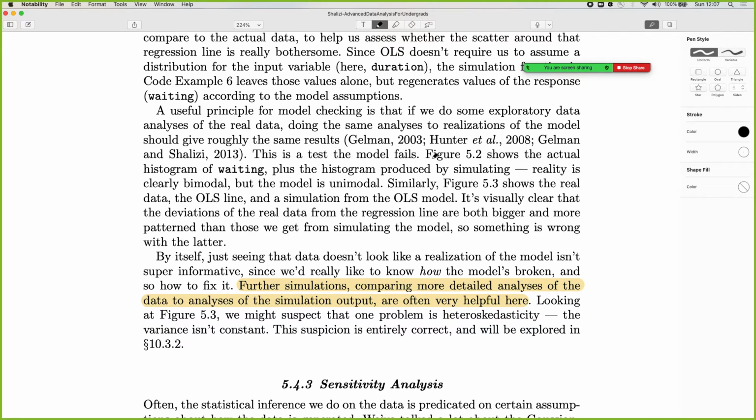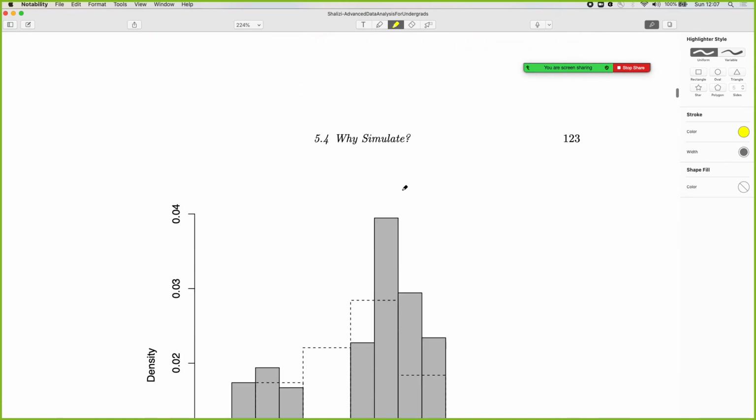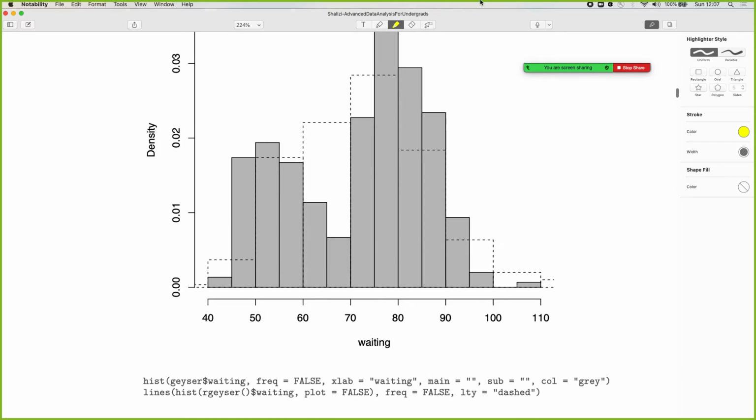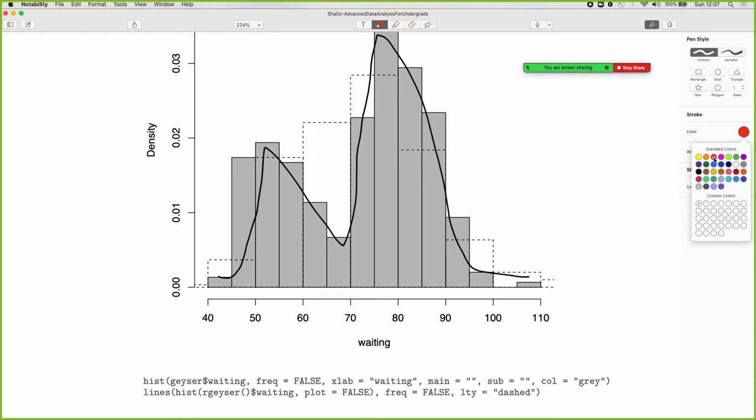This is a test this model fails, because if you look at figure 5.2, which is here, the curve produced by the original data does not match the curve produced by the model.